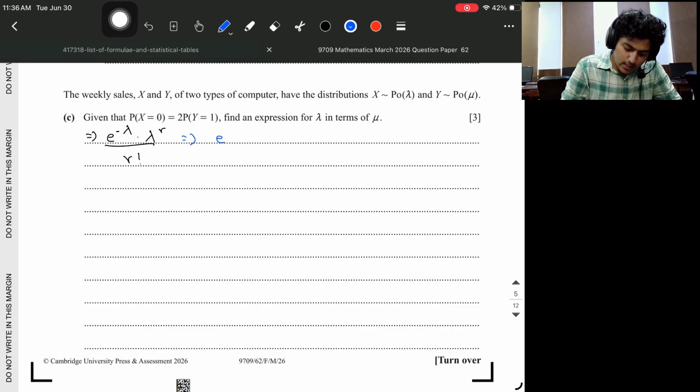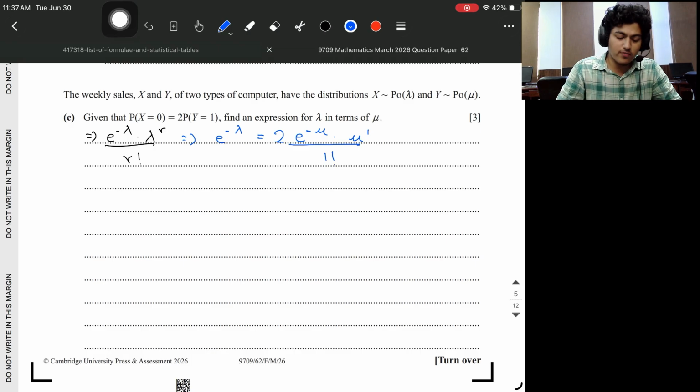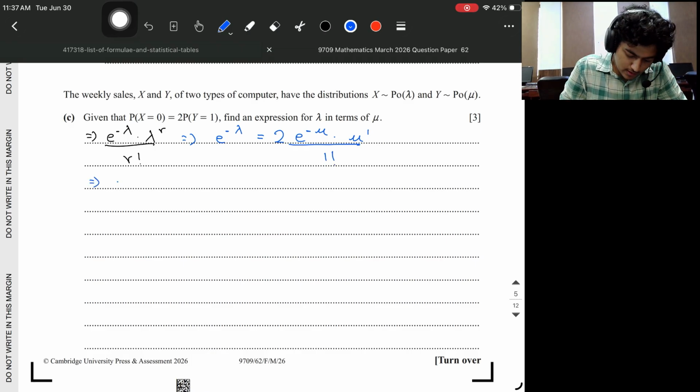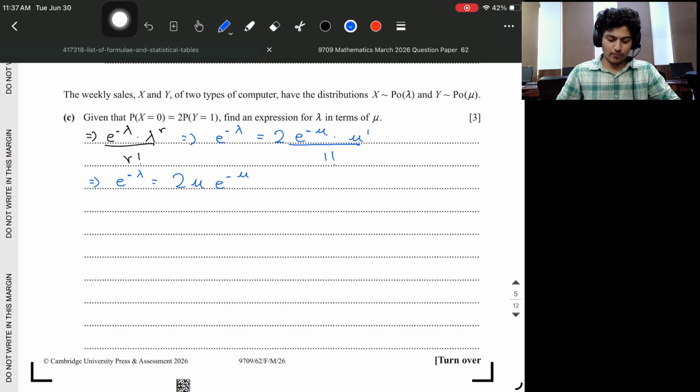So that will be e to the power of minus lambda times 1 equals 2 times, now here is where we'll use the formula, e to the power of minus mu times mu to the power of 1 upon 1 factorial. Now 1 factorial is just 1, so simplifying this equation, we get e to the power of minus lambda equals 2 mu e to the power of minus mu, right?